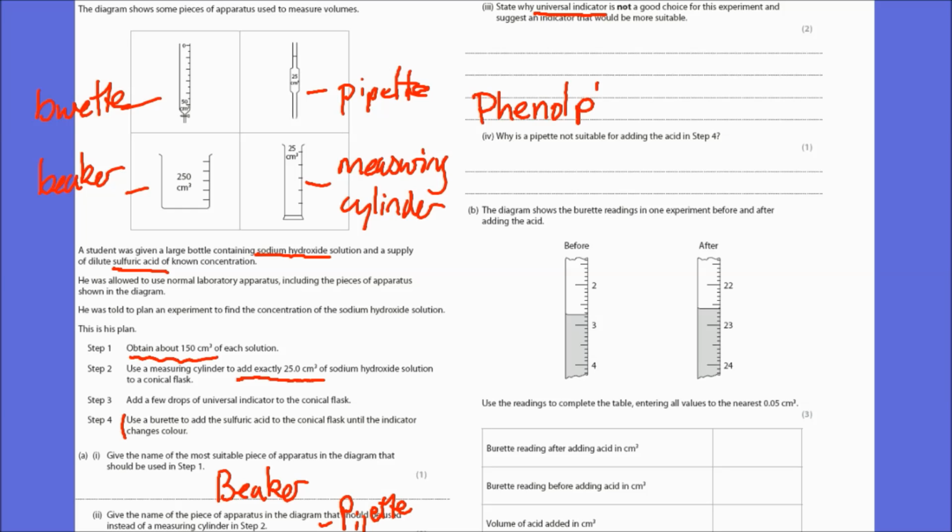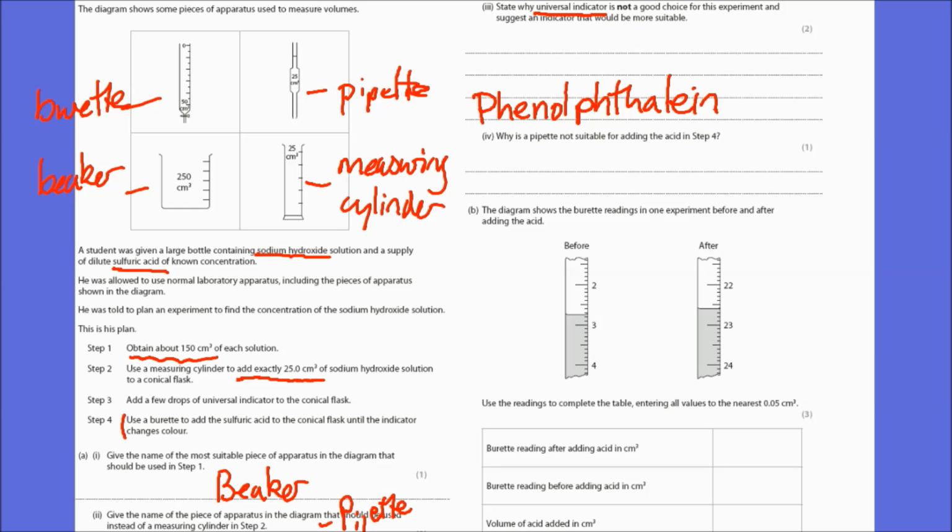When phenolphthalein is in an acidic environment, it's colourless. When the environment turns alkaline, phenolphthalein turns a lovely pink purple colour, a magenta colour, and it goes from colourless to magenta within one droplet of liquid. So it's a very, very obvious colour change.